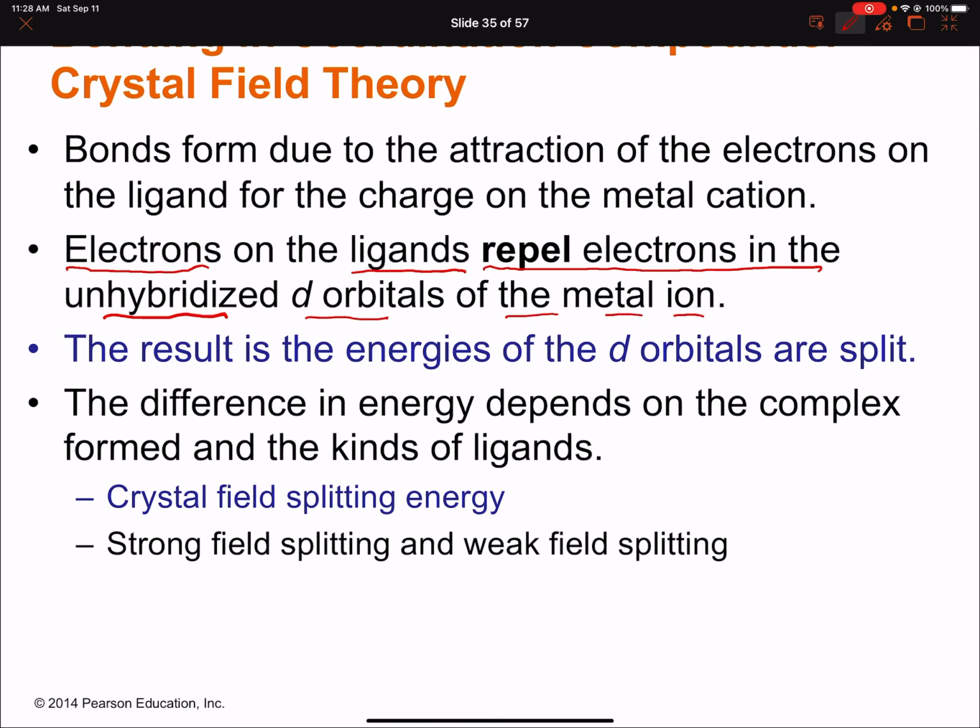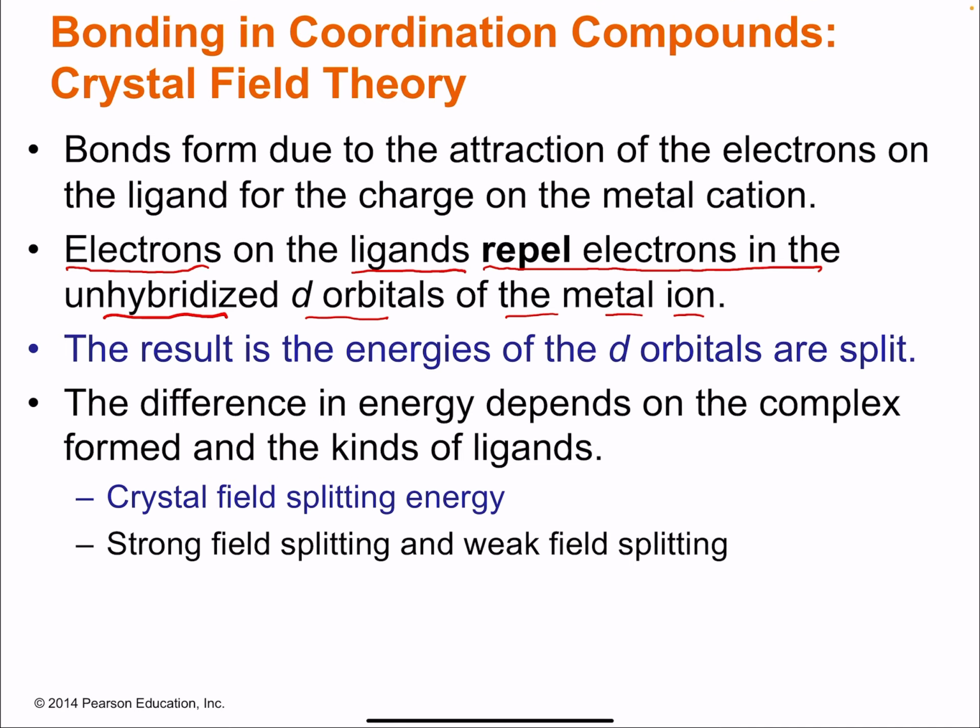And remember, we talked about the d level electrons, that they had a certain amount of electrons in them depending on the metal ion. This is not the next level d that's hybridized with the s and p, which creates the bonding, but these are called unhybridized d orbitals of the metal ion, and they have a certain number of electrons in them. So what happens as a result of this repulsion?